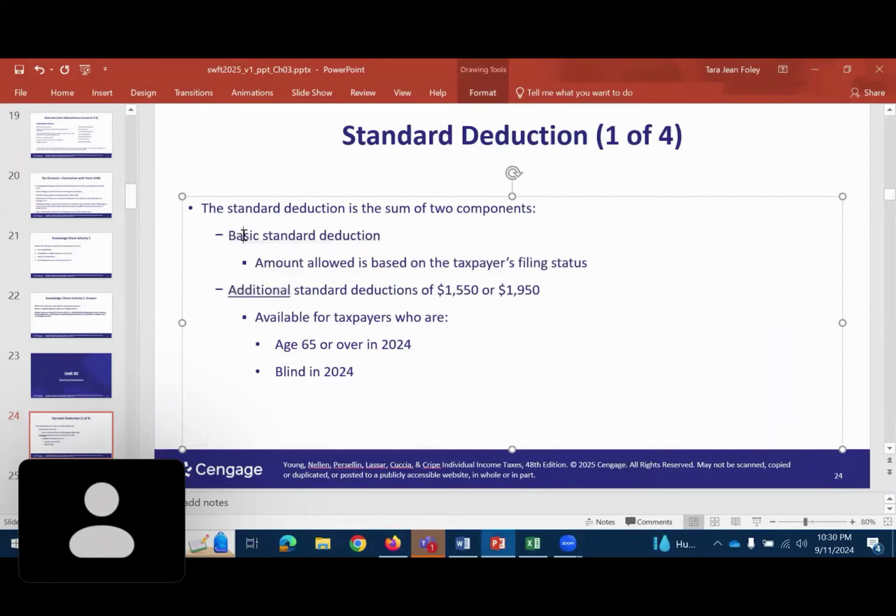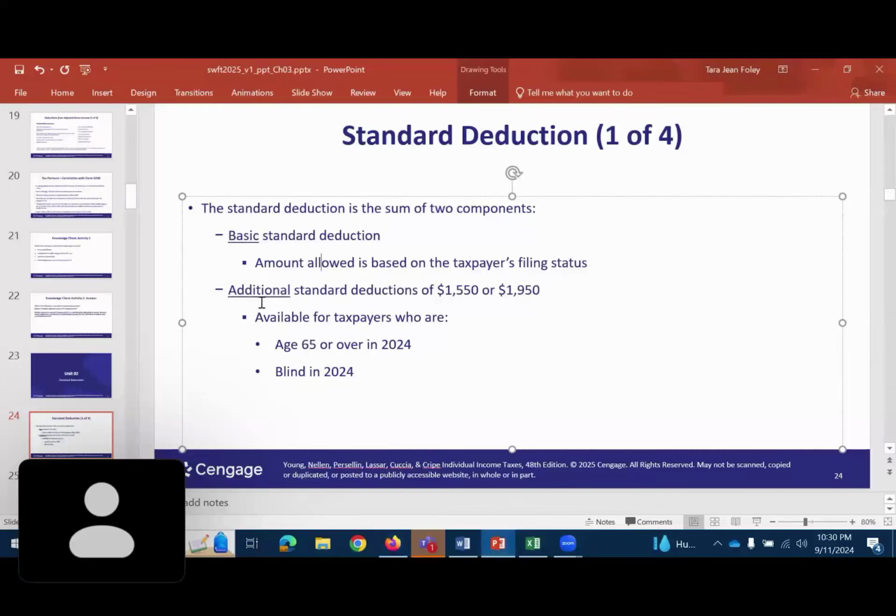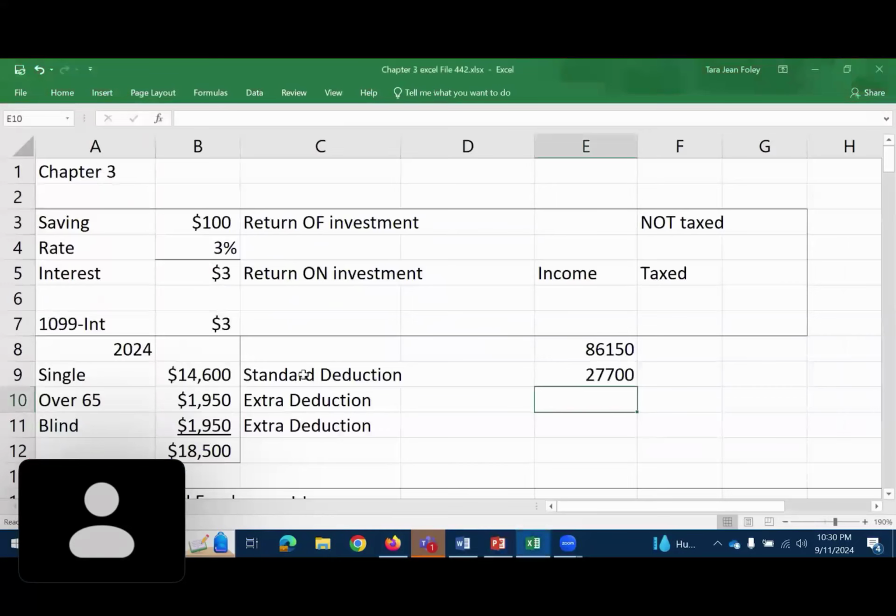So there's the basic, which is the ones that we just saw over here. And then there's the additional standard of $1,550 or $1,950. Now, the $1,550 and $1,950 are there for a taxpayer who's over 65 and blind.